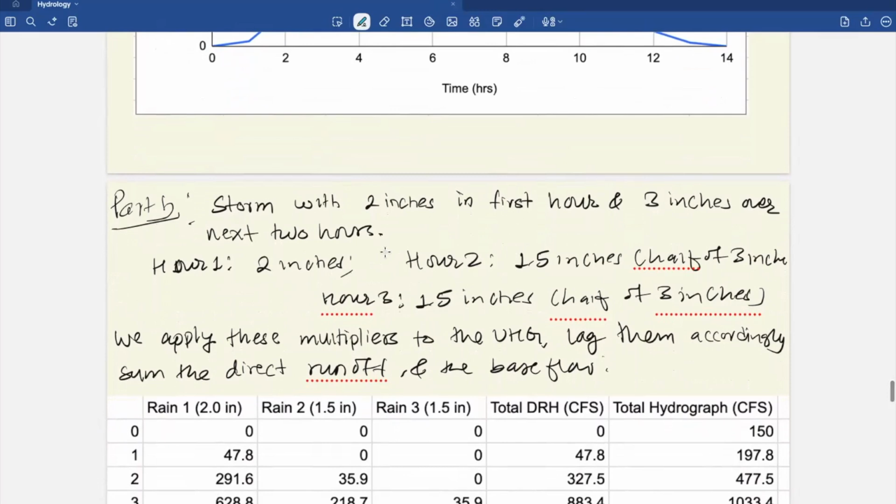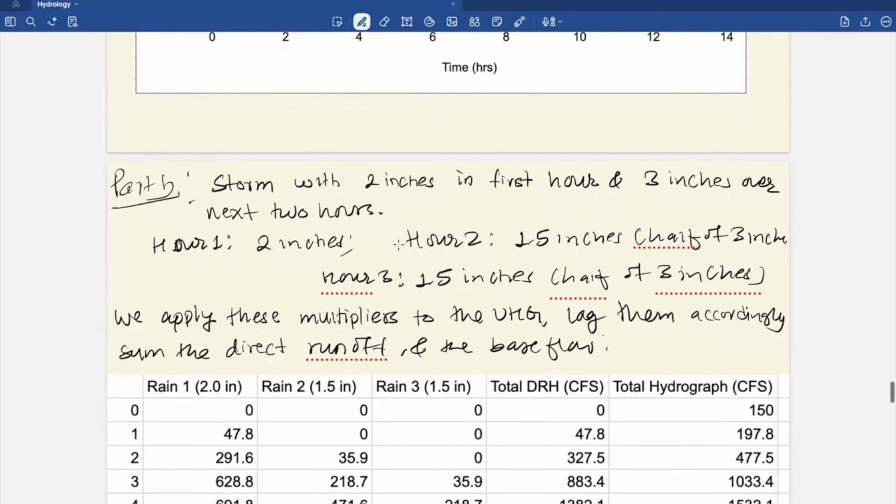So here also we will be using the previous convolution formula, which is Q(t) equal to 2 times UH(t) plus 1.5 UH(t minus 1) plus 1.5 times UH(t minus 2) plus 150. Because the rainfall intensities are much higher, a total of 5 inches versus 2 inches, the resulting hydrograph will be dramatically higher.